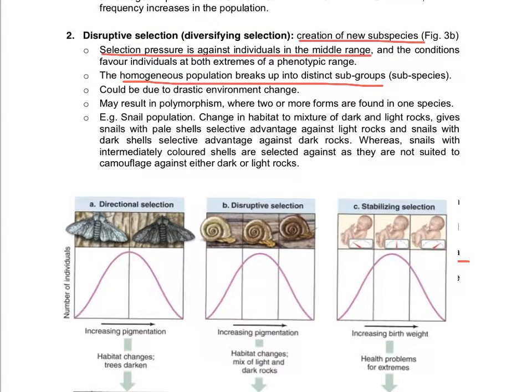Let's look at destructive selection. The example here is snails. Again, there's a change in the environment.